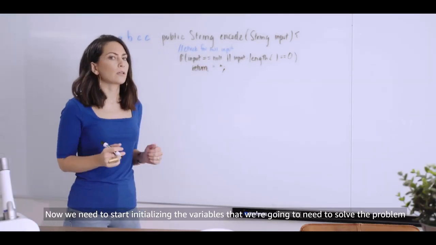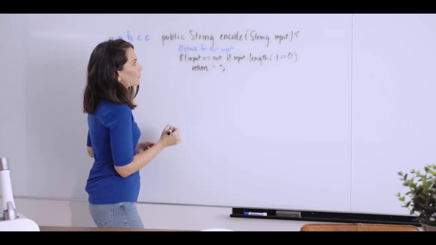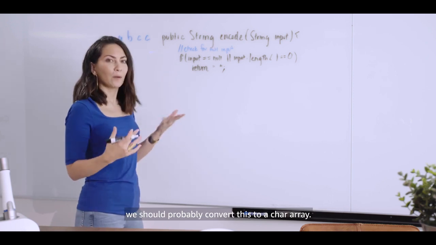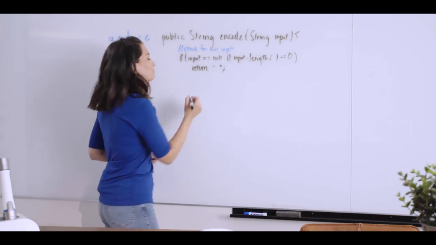Now we need to start initializing the variables that we're going to need to solve the problem. Because we're going to be walking through an array of characters, we should probably convert this to a char array.